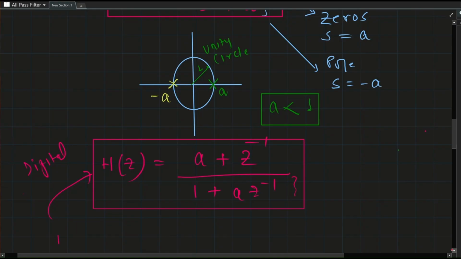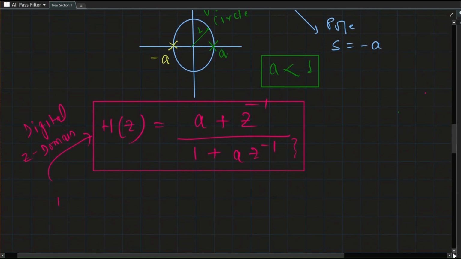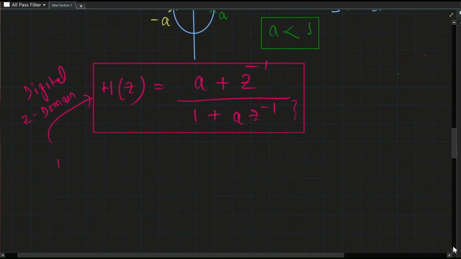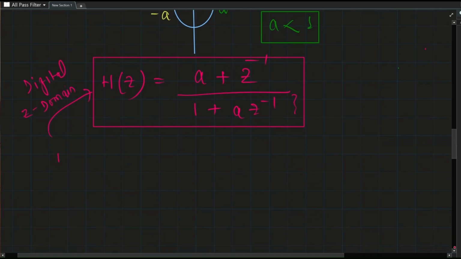So as you can see, this is in the Z domain, and we need to convert this transfer function from the Z domain to the time domain so that we can implement this filter structure. As we know, the transfer function H(z) is nothing but the Z transform of the output divided by the Z transform of the input, which is shown here.